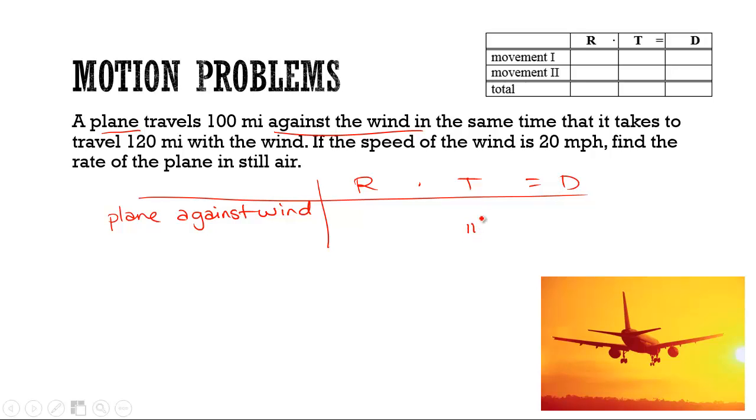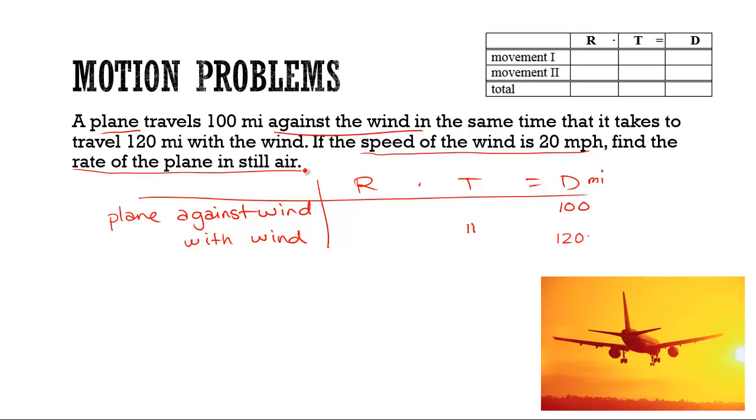Because it's at the same time, we can equal the times that it takes to travel with the wind. So 100 miles distance against the wind, 120 miles distance with the wind, and they tell us the speed of the wind, and they want the rate of the plane in still air.